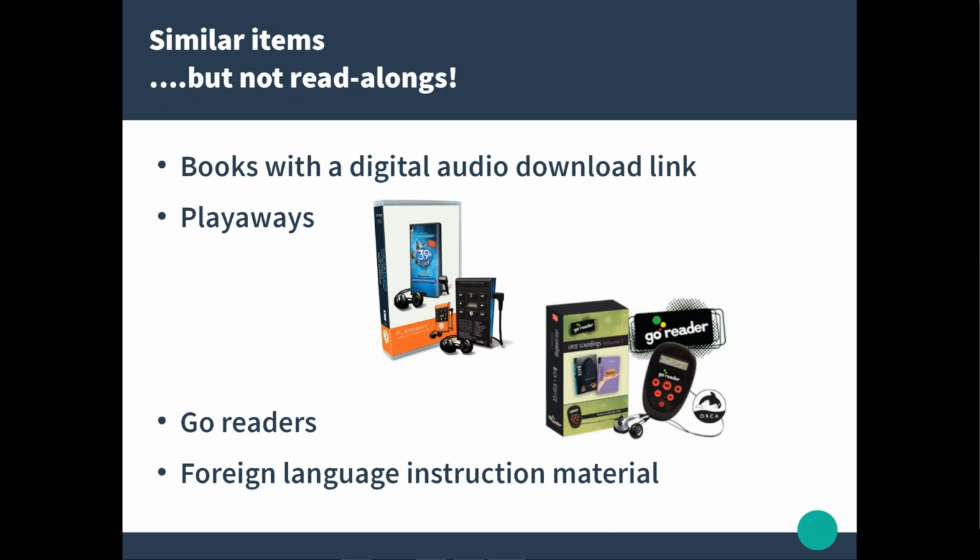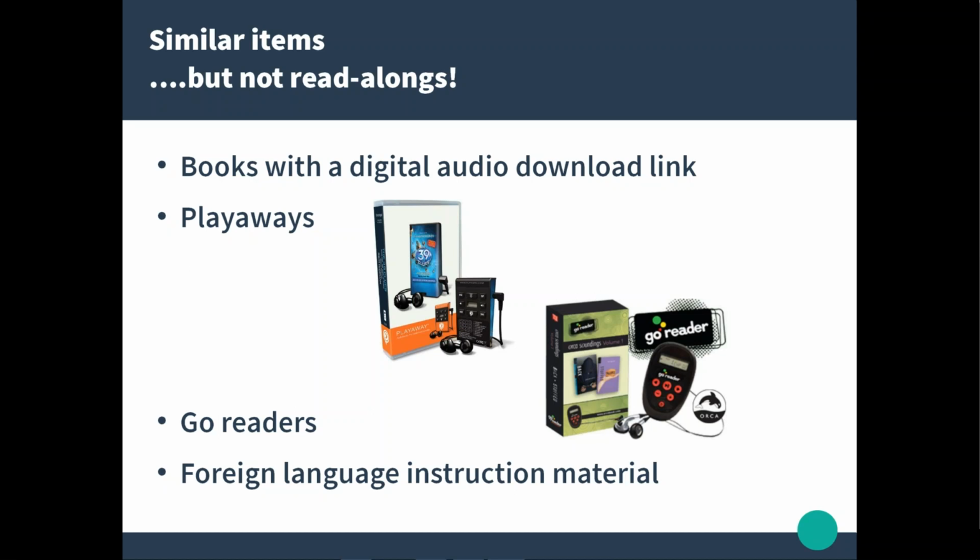And then there's foreign language instruction material, which can also very often be in the format of a book and a CD. But with foreign language material, it's a lot more apparent just by the form of the item what kind of record it is. For instance, you either have a book with a CD or you have an audio book, and there might be a little booklet inside.